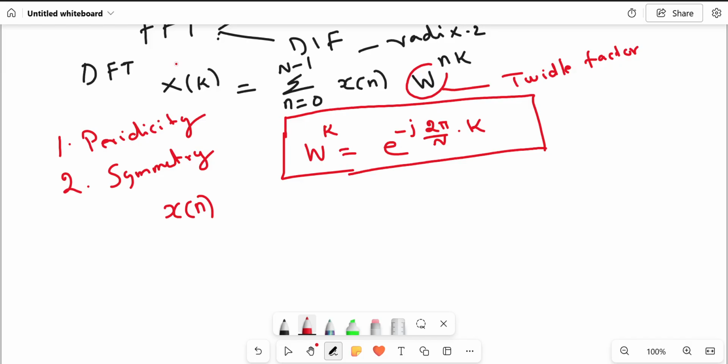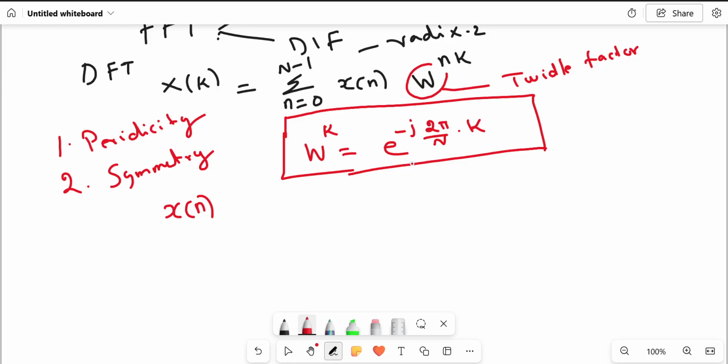So it may be a radix-2 or radix-4 algorithm, and in the N-point computation, 50% of the computations are reduced compared to the DFT algorithm because of this twiddle factor. So the redundant computations are eliminated.